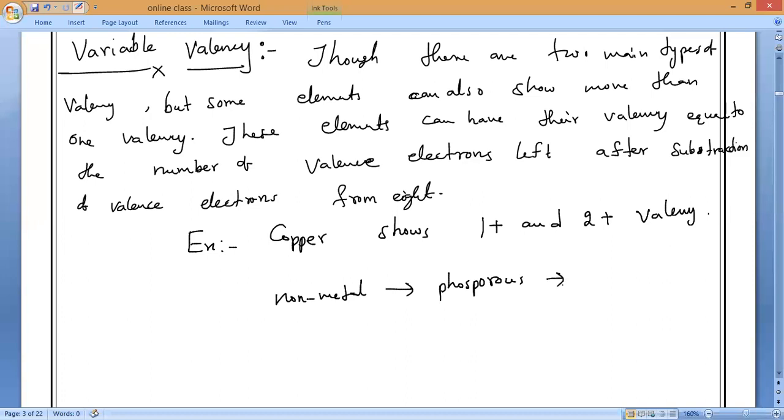How much is the variable valency? Not 2, sorry. 3, 5. If you take sulfur, what is the variable valency? It can show 2, it can show 4, and even it can show 6 valencies. So these kinds of things we call variable valency.